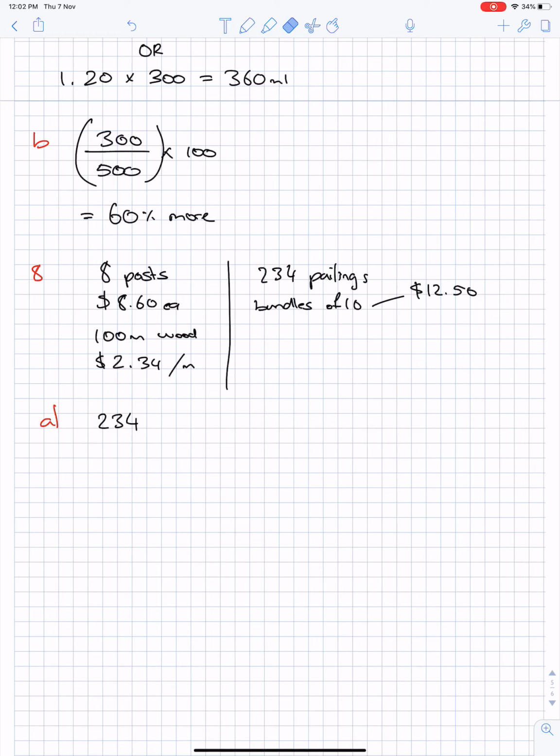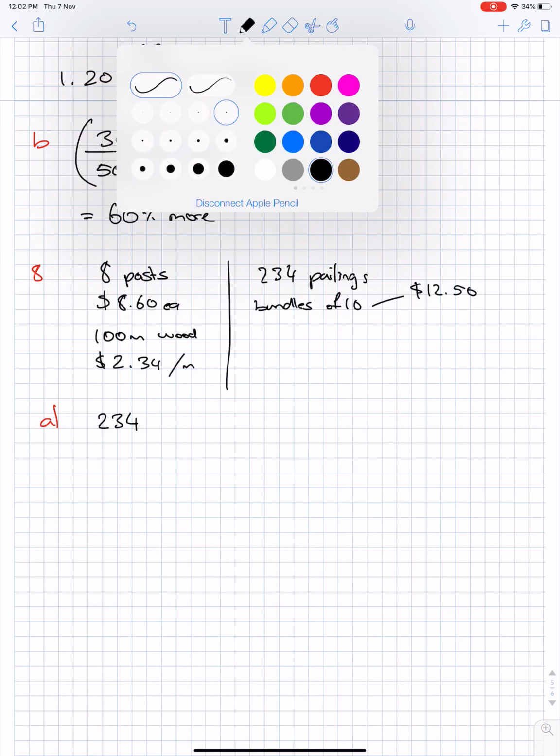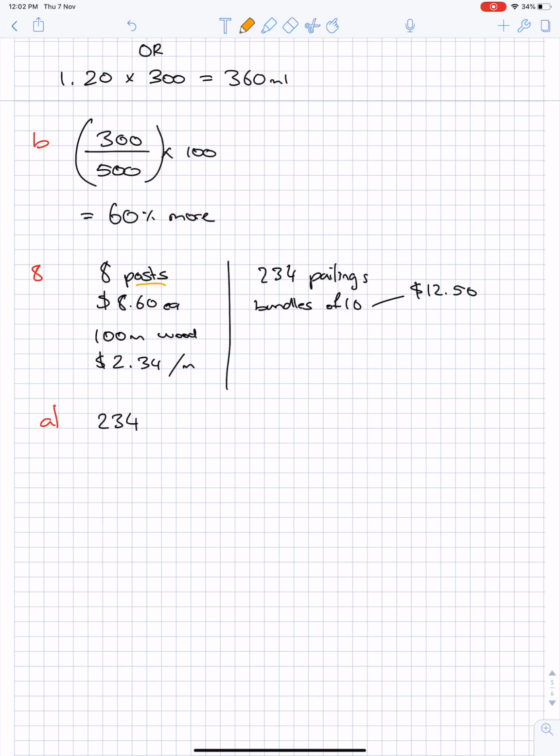Blake making a fence, he used 8 posts, costing was needed 20. Okay, so you've got three different things we're dealing with here. We've got posts, we've got wood and palings, right?